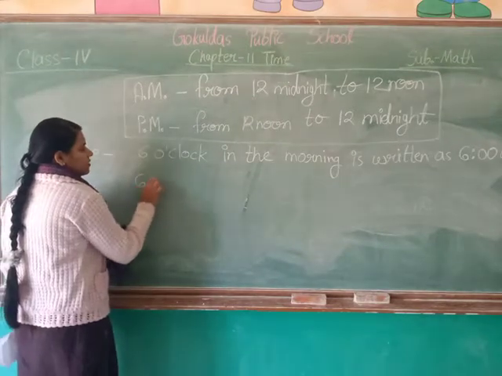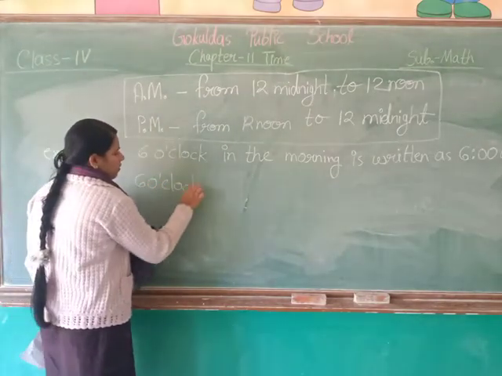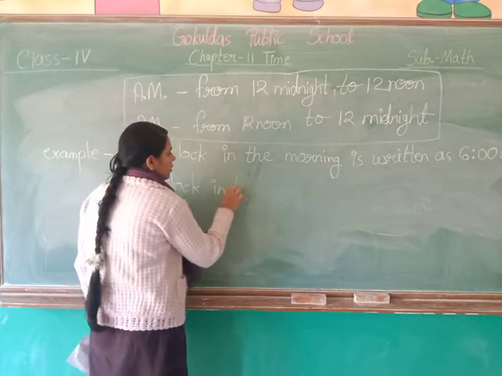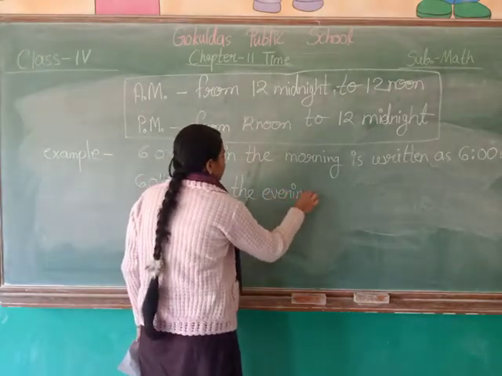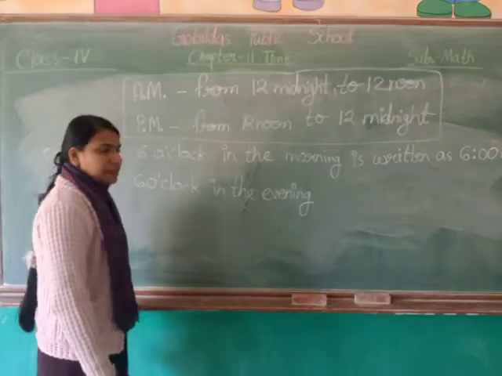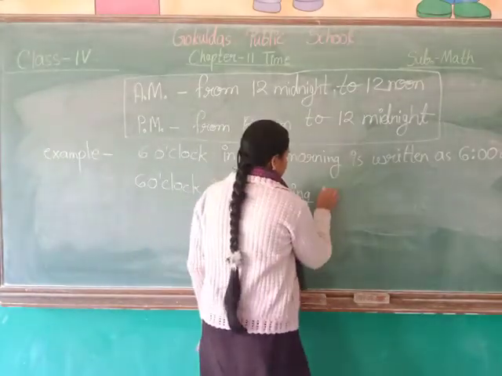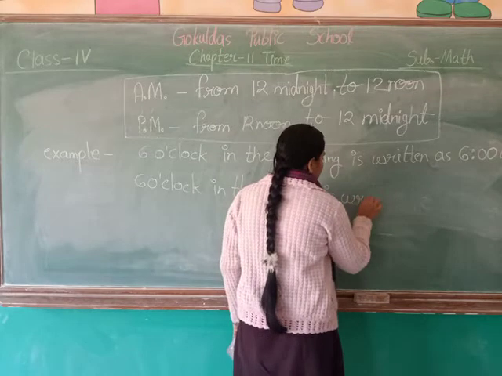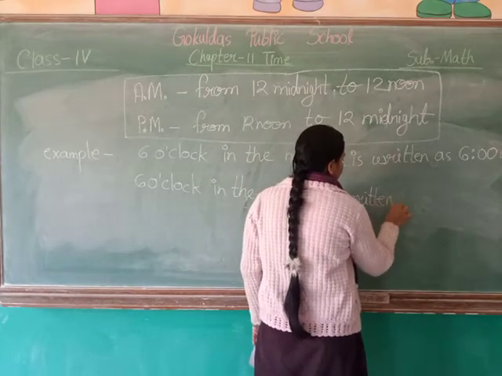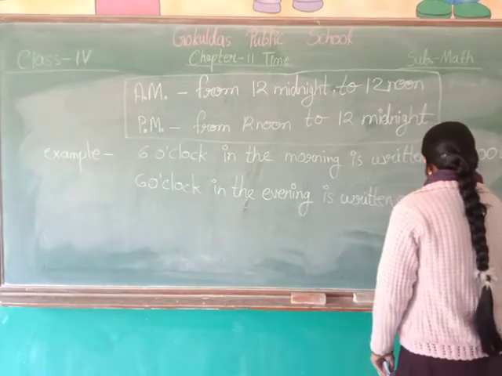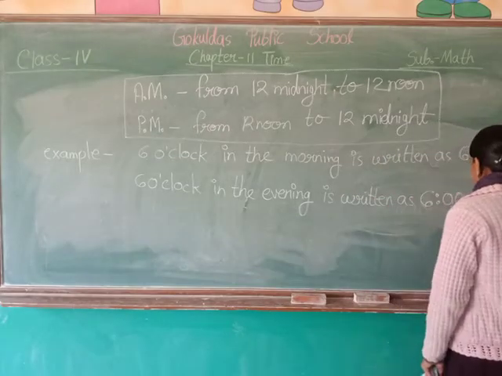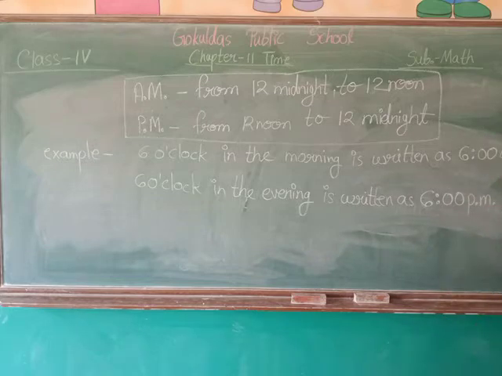If you want to write 6 o'clock in the evening, if you want to represent this timing in 12-hour format, it is written as 6 PM. So by that term you can guess that 6 PM means it is the timing in evening.